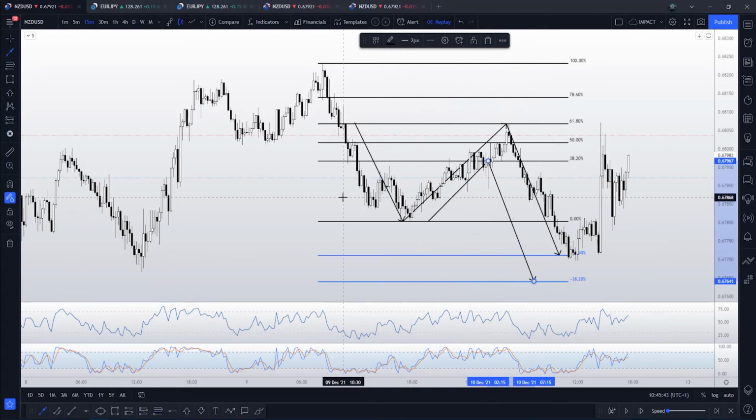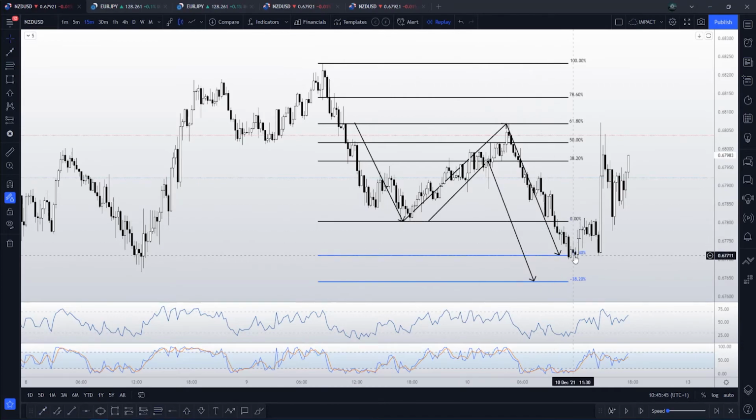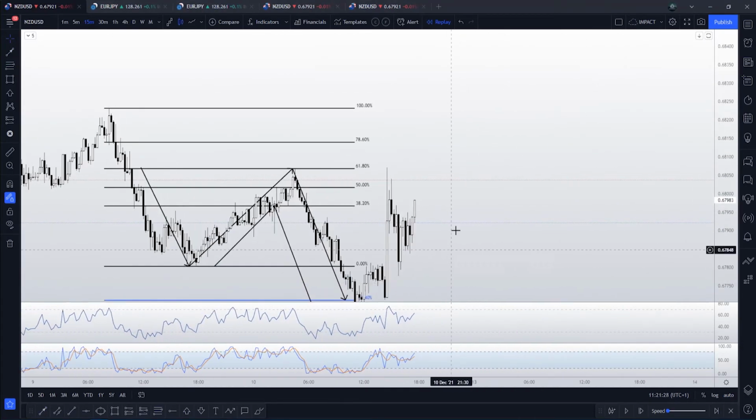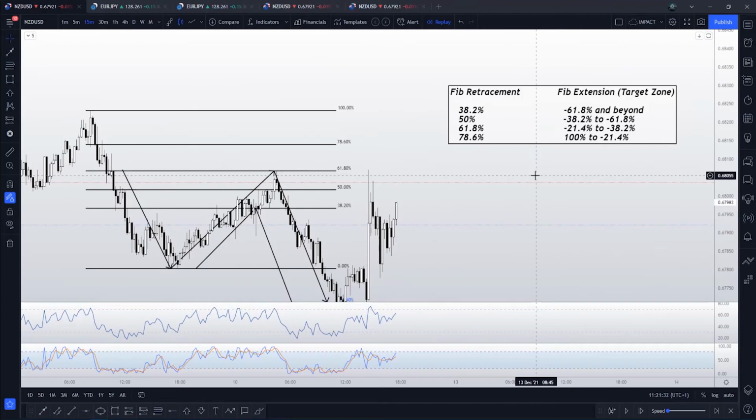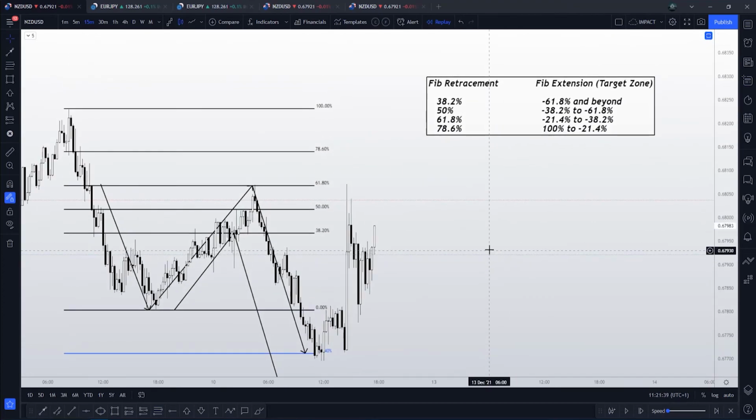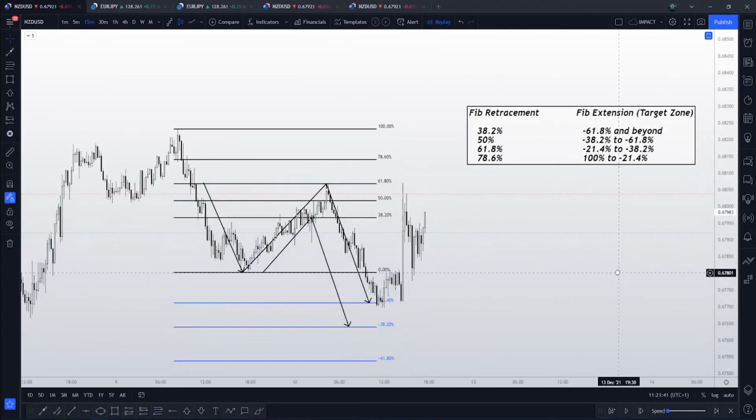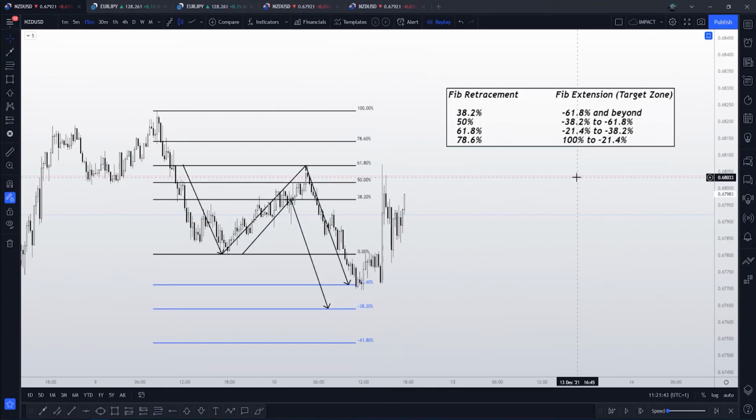Let me just write some rules down that you can use when you're considering to use Fib levels. A 38.2 Fib retracement predicts a minus 61.8 Fib extension level and beyond. A 50% Fib retracement then predicts a minus 38.2 up to a minus 61.8 Fib extension level.